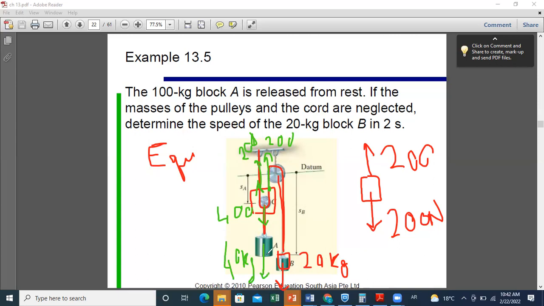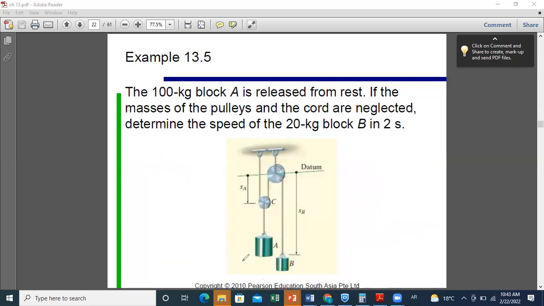If I put on A a mass larger than 40, what happens? It will go down. A will move down. If I put a mass smaller than 40, A will move up. So if I tell you the mass is 30 kilogram, 30 is larger than 20, but who will move down? B. Why?